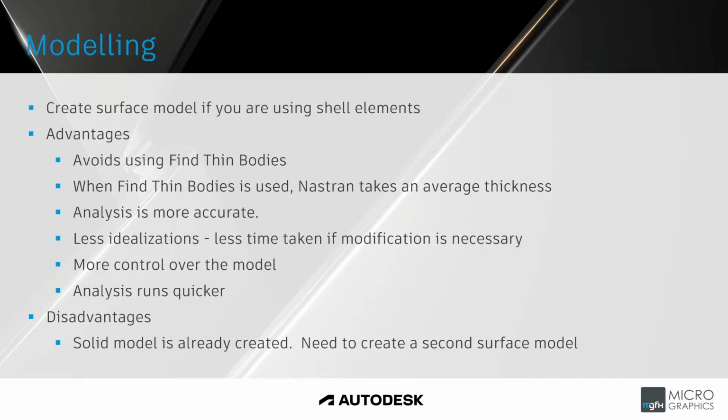You've already created the model, so why can't you just use find thin bodies? But if you take a look at the time it'll spend creating that secondary surface model for your FEA, and then modifying it and running separate simulations, you'll find that the time spent modeling is much less than the time spent trying to recreate your Nastran analysis, especially if it is quite complex.